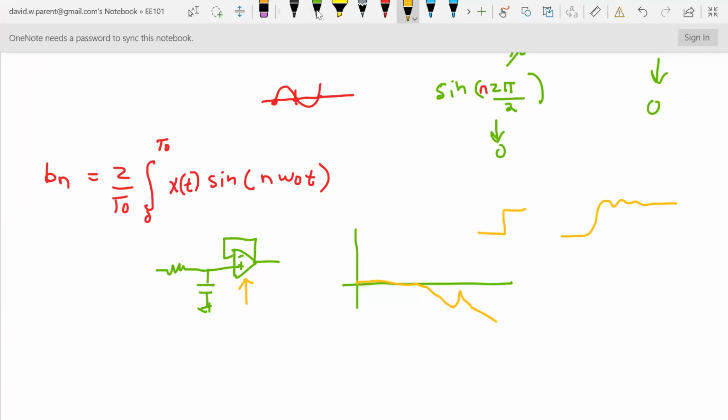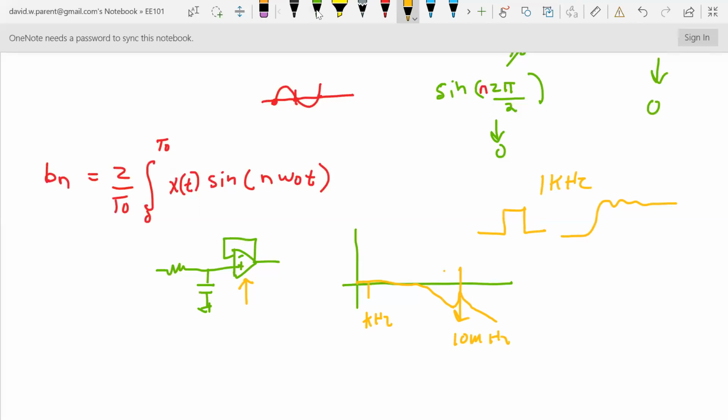Which is a problem. We've got this behavior, and you might say, well, I have a low pass filter and everything should be fine. This is just a square wave. It's a kilohertz square wave. So I have a kilohertz over here. Out here, it's 10 megahertz. Who cares, right?